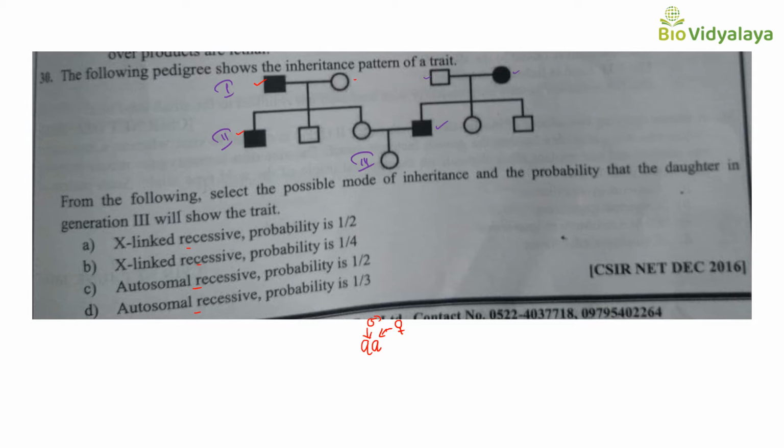One of these sons is affected, this son is not affected, and this is a normal son. That's why we can say that this is autosomal. This is not X-linked. Why is it autosomal and not X-linked?